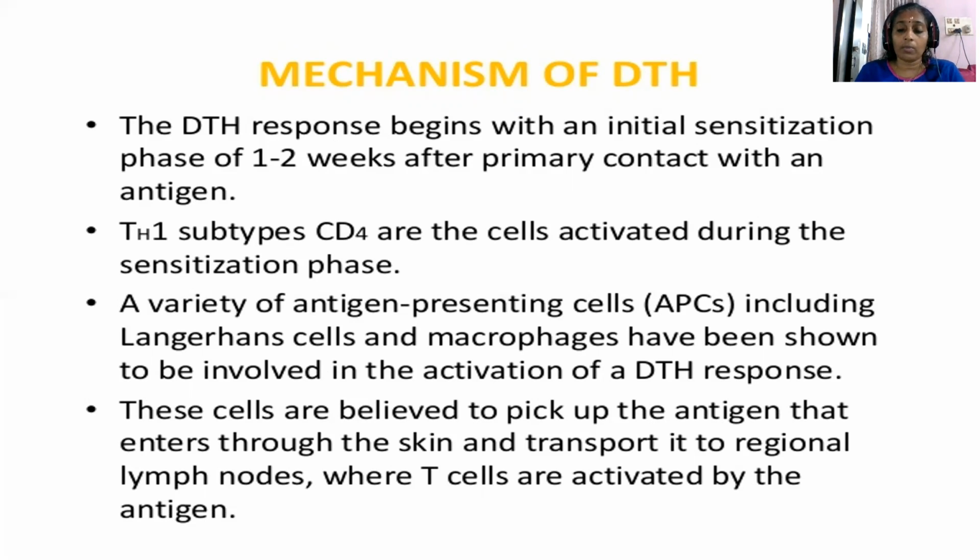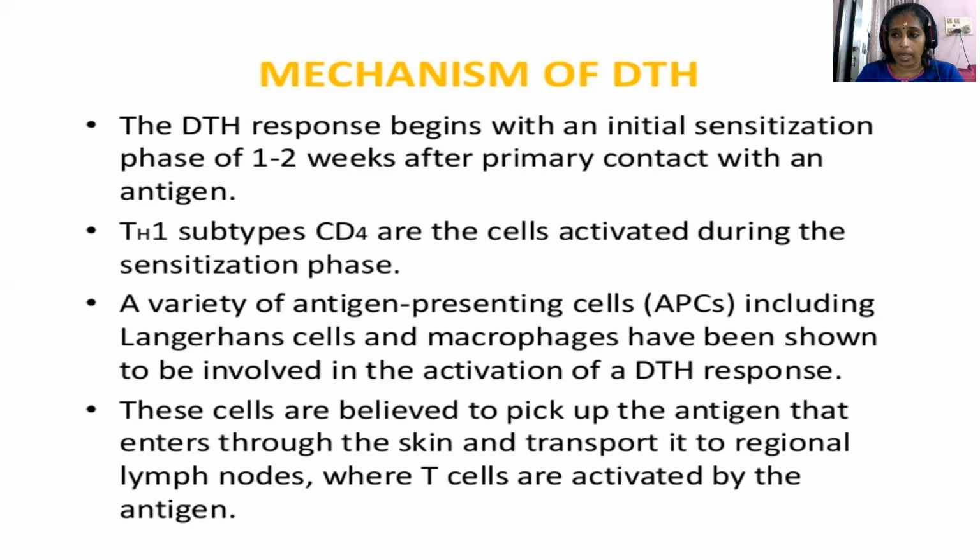This happens through a variety of antigen presenting cells, APCs. There are different antigen presenting cells in our body, like macrophages and dendritic cells. Langerhans cells and macrophages are activated and result in the formation of the DTH response.